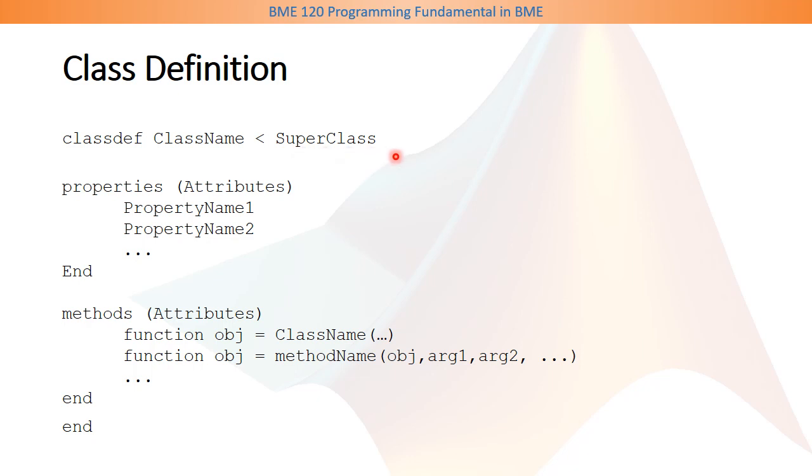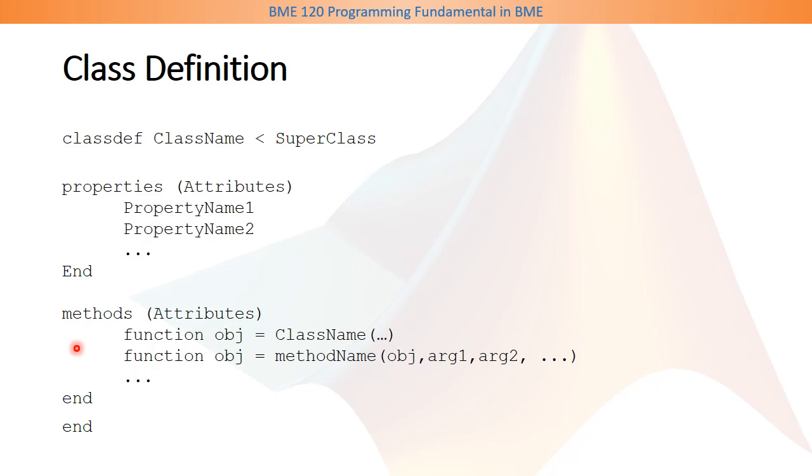The superclass must be a MATLAB class or a user-defined class. Inside the class definition, there are multiple sections. The section for properties includes a list of properties. They are the property names and can be considered as variables within the class.